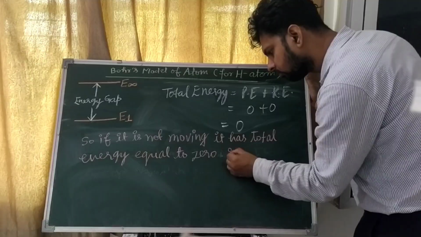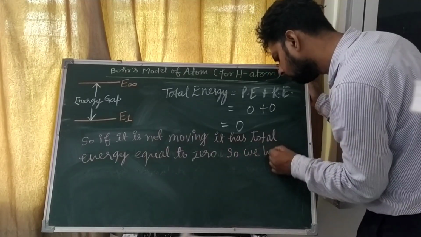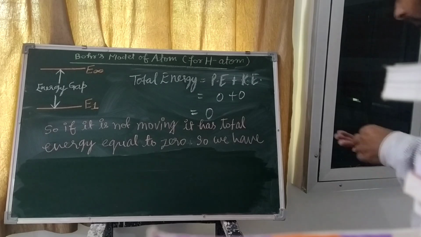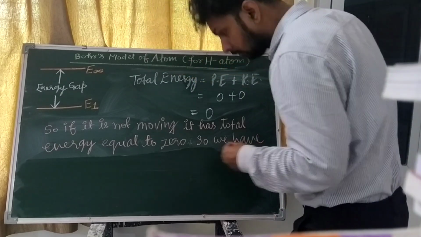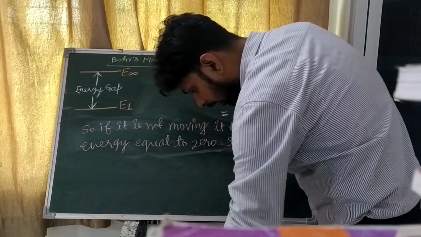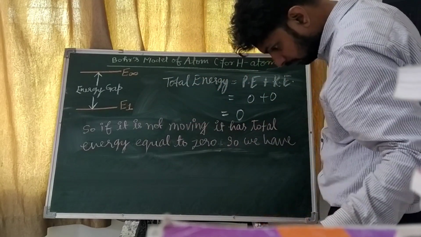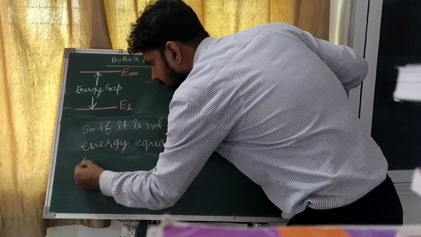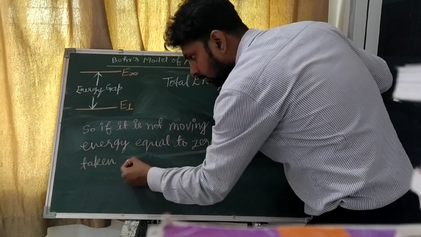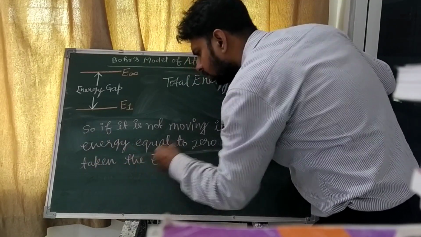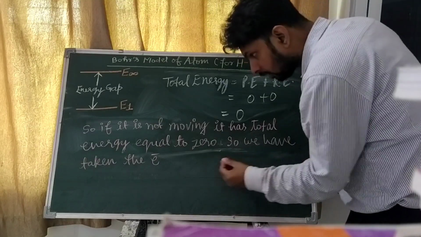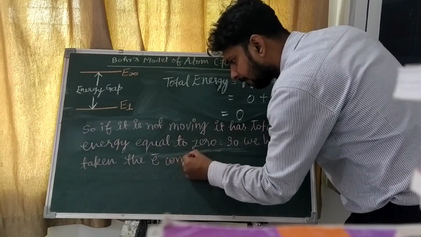So we have taken the electron. Which electron? The electron which is present in the first cell of hydrogen atom.